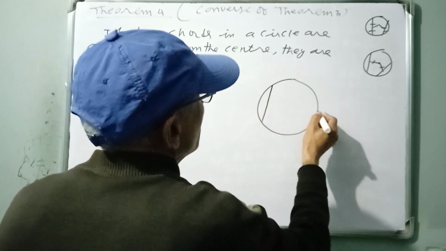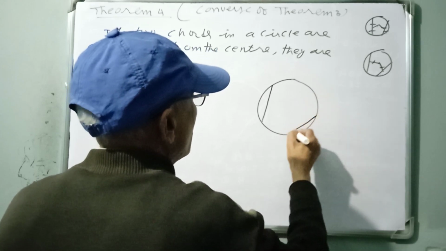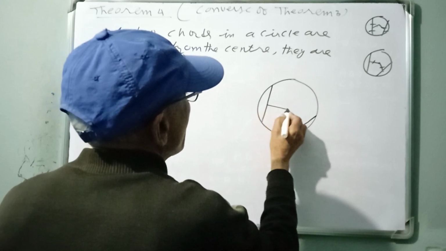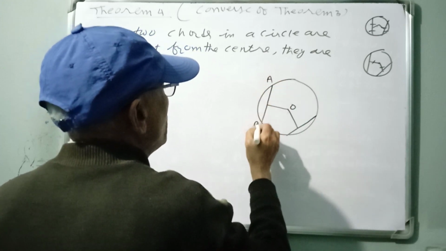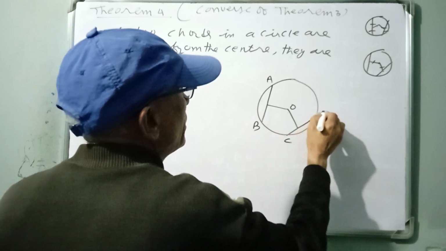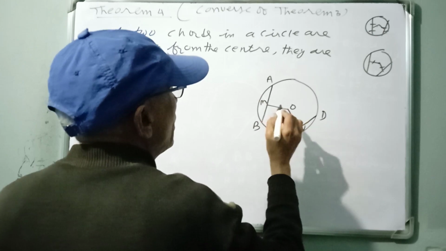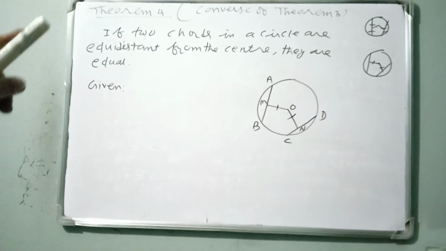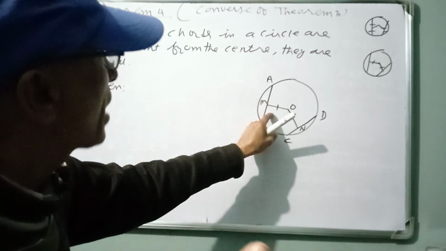One chord, say AB, another chord, say CD. These two chords are equidistant. O, A, B, C, D, say M, N. In theorem 3 the chords are equal, and their distances are equal.